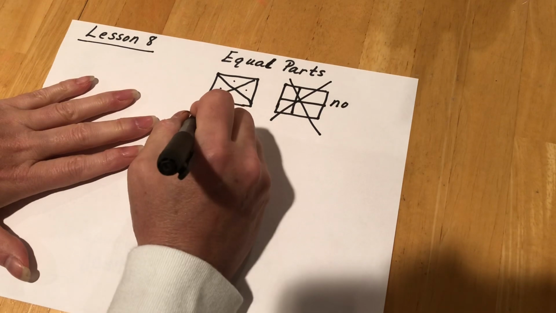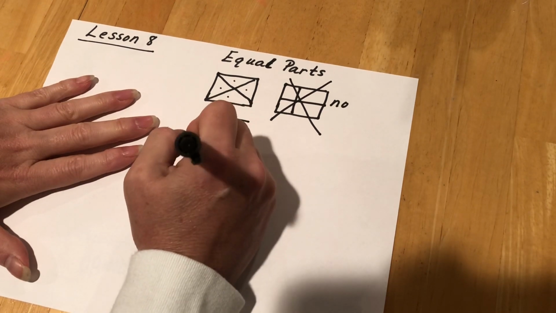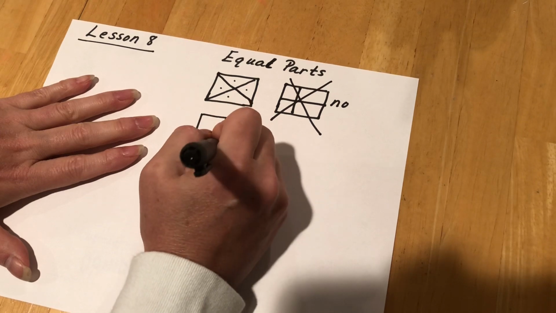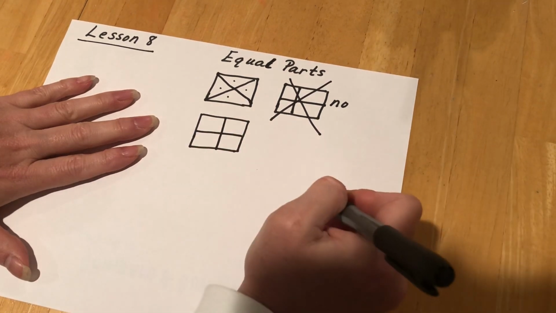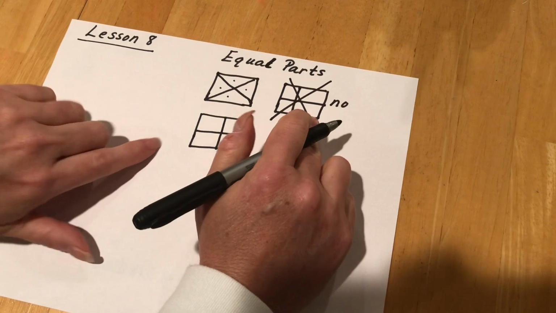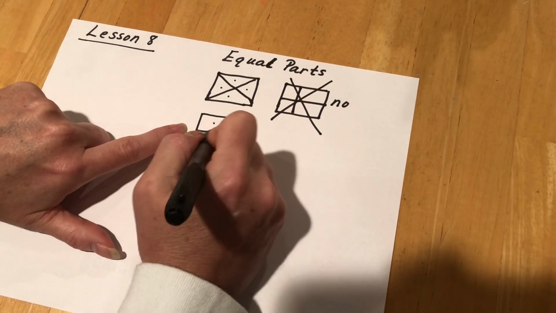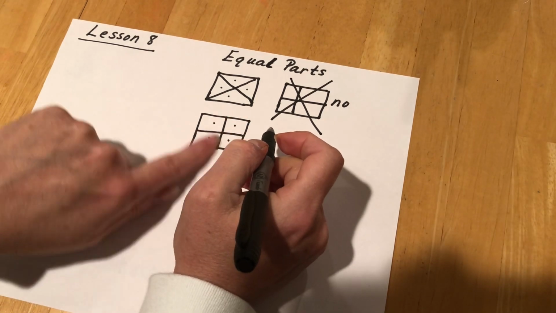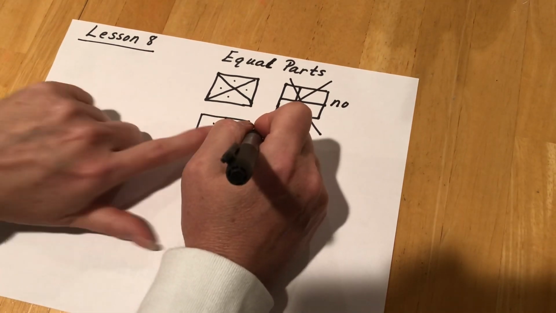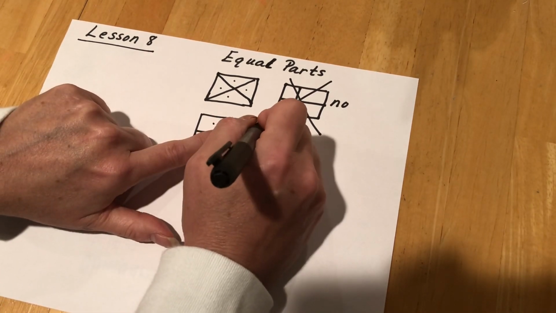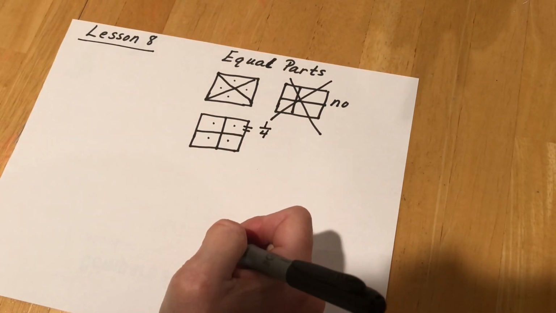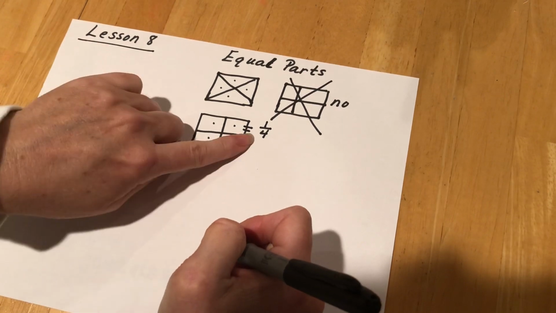And I could do the same thing here. To show equal parts, I could do this, and this would be 4 equal parts, yes. The thing for you to remember is that each one of these sections is a part. And if I have 4 sections, that means each one of these equals 1/4 of the section or the whole.